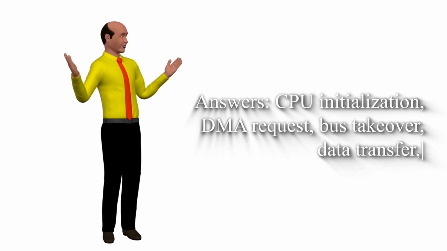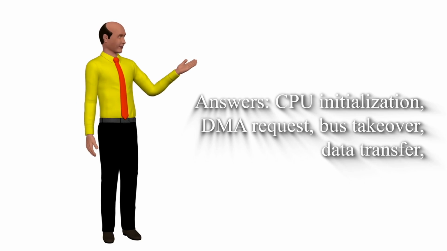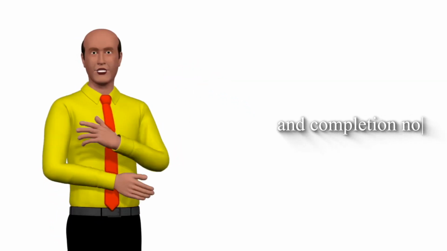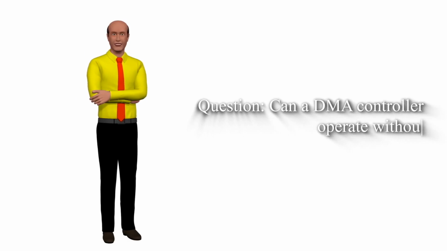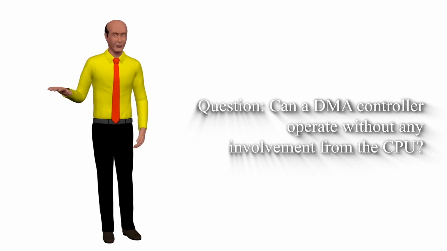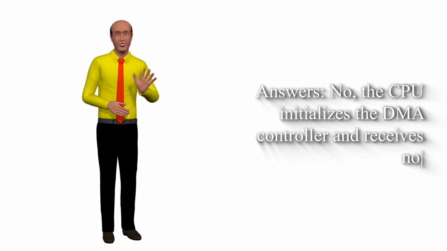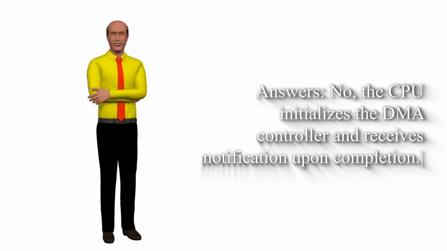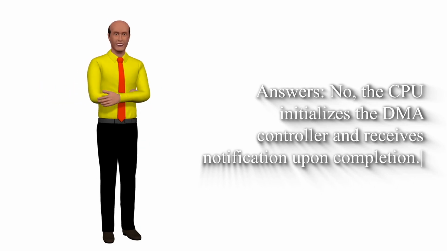CPU initialization, DMA request, bus takeover, data transfer, and completion notification. Question. Can a DMA controller operate without any involvement from the CPU? Answers. No. The CPU initializes the DMA controller and receives notification upon completion.